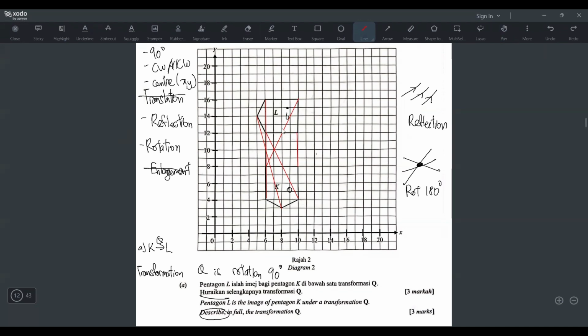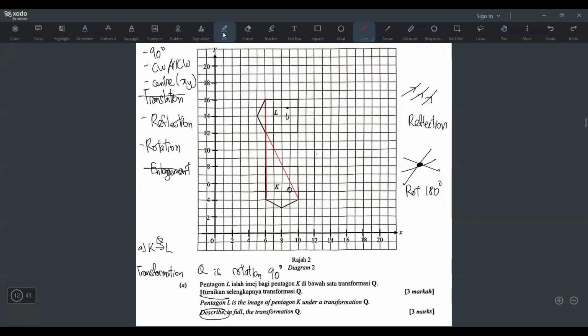So I will erase some of these lines. I only need two lines. So this line I don't want, this line I don't want, this line also I don't want, and the other line I will erase is this line, right? Okay, so I am only left with these two lines.